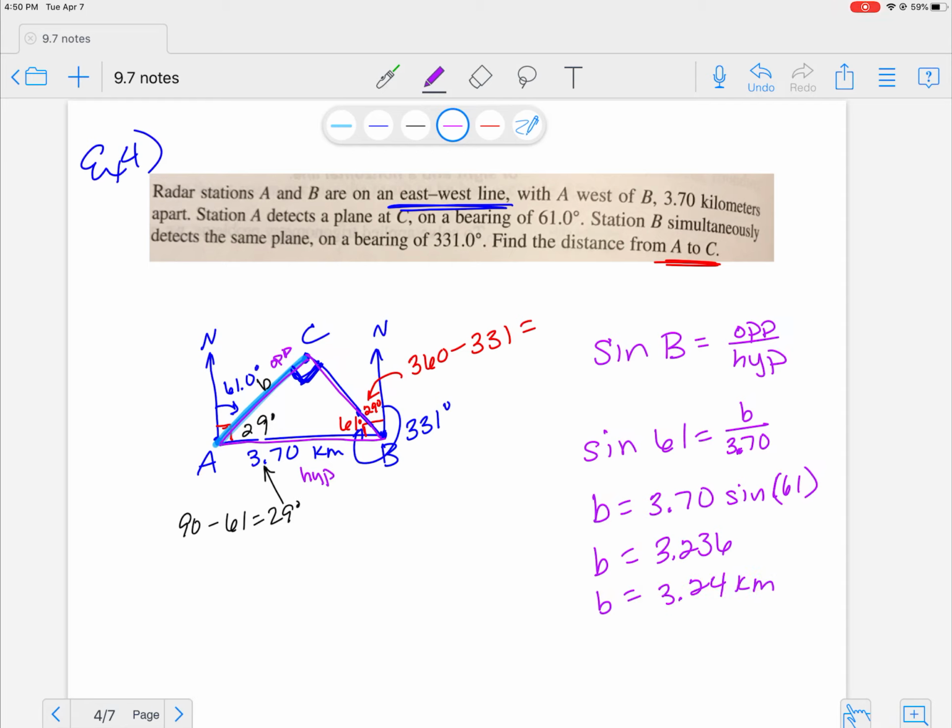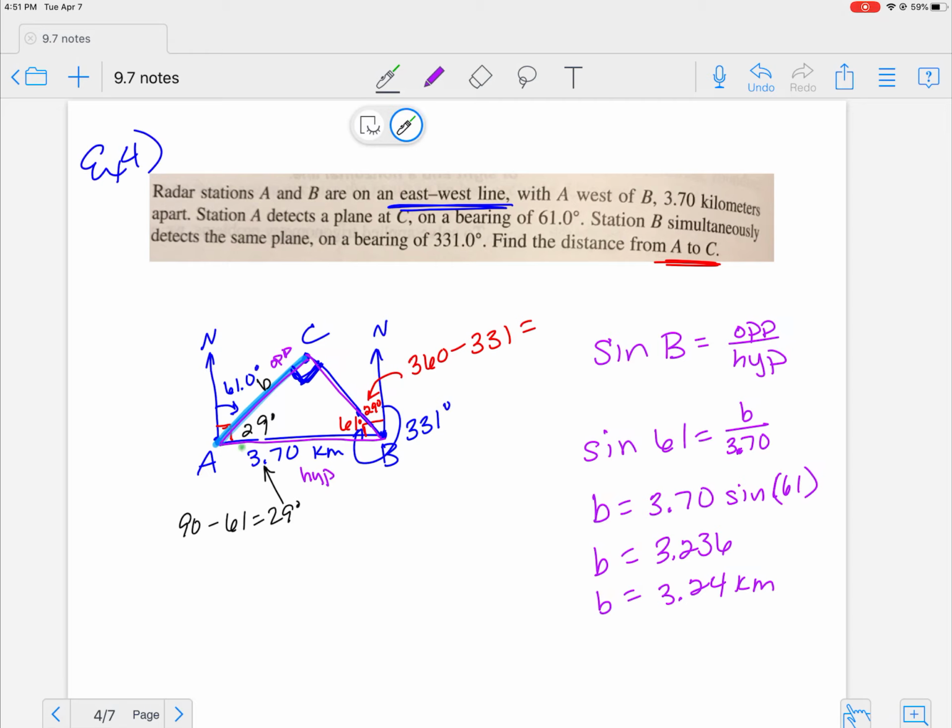However, I know that I'm looking for three figures here. Kilometers. What's another thing you could do? I kept trying to make it cosine. How else could you work this?